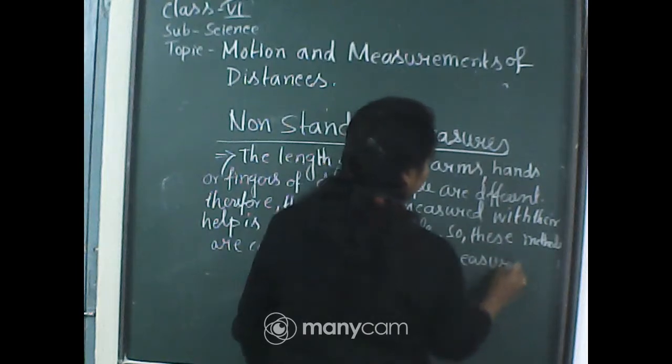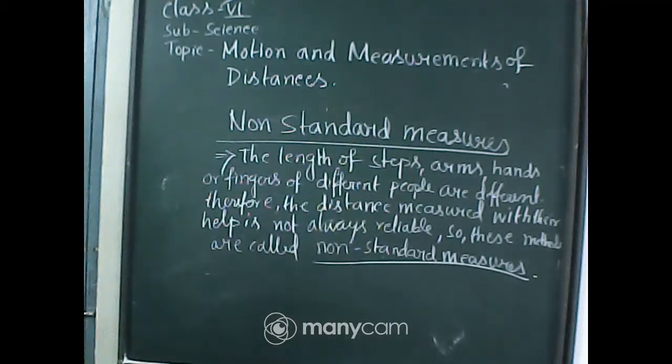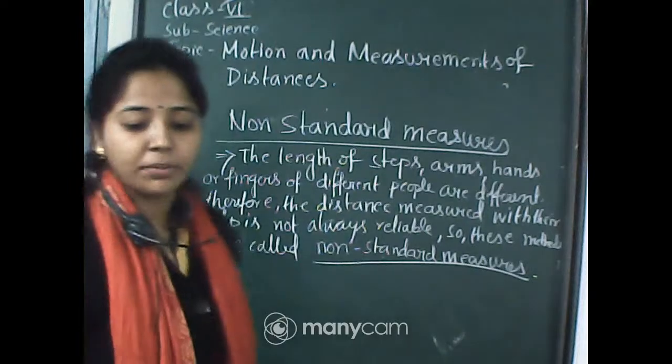I hope you understood these points. The length of step, arm, hands or fingers of different people are different. Therefore, the distance measured with them is not always reliable. So, these methods are called non-standard measures.